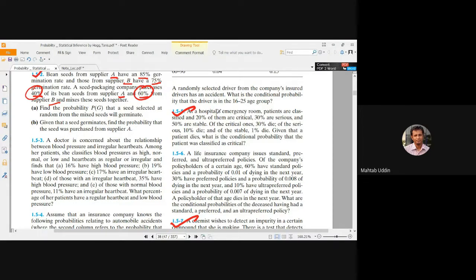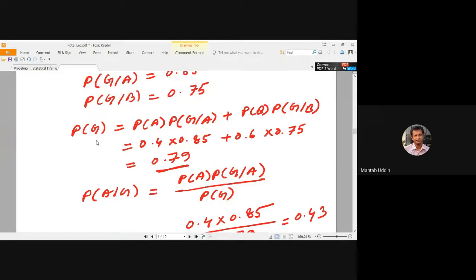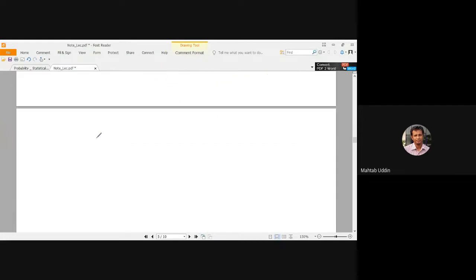In a hospital emergency room, patients are classified 20% critical, 30% serious, and 50% stable. Total 100%, right? Yes, sir. So I am first writing the information about the patients. Number 5, we take the critical patients as CR. How many criticals? 20%, so 0.2.